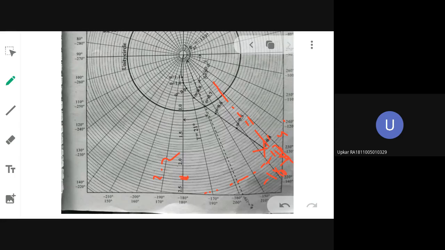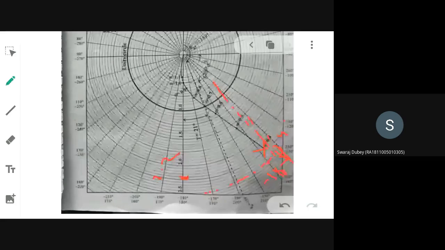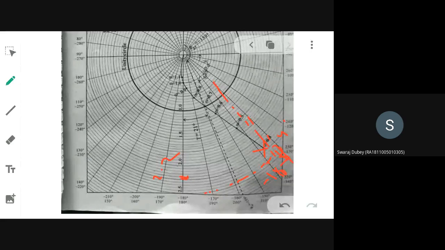This way only you have to mark every point in the graph, and if you connect it you will get a smooth curve. If I want to mark a smaller magnitude for the same angle, how will I do that? For example, if you are taking 0.4. You can take an automatic scale, no problem. But if you are drawing a broad scale, depending upon the values you are getting, the curve will also be bigger. If you are taking a small range scale, the curve will be small.